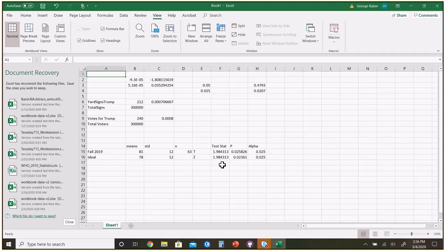Yeah. So can you give me the English version of what your null hypothesis would be for this one? My null hypothesis is that the mean grade this semester is the same, a representative sample from the population ideal.